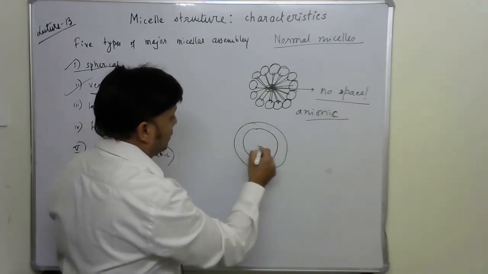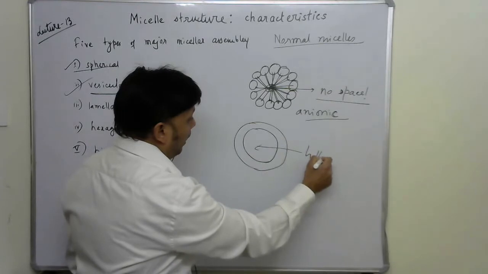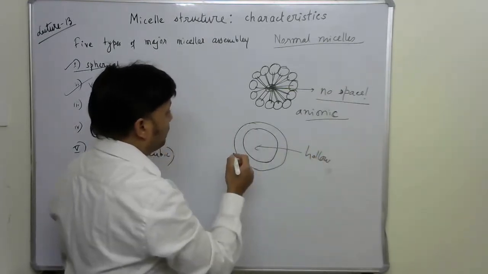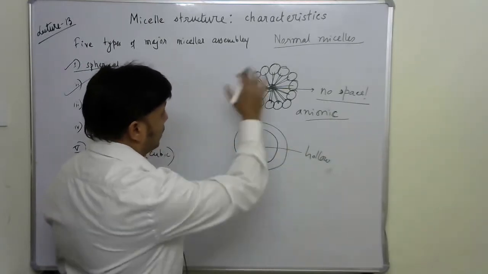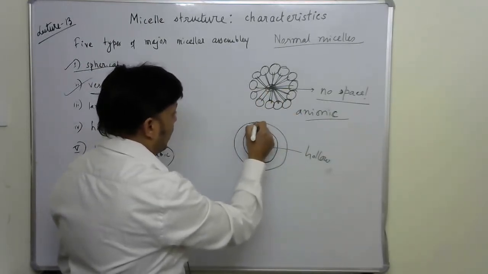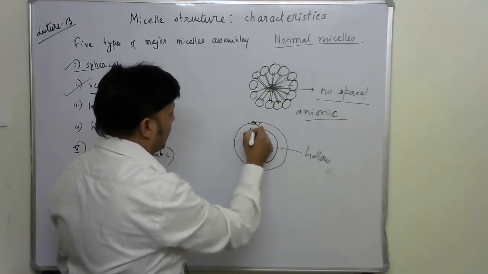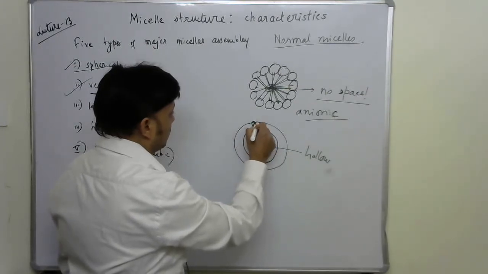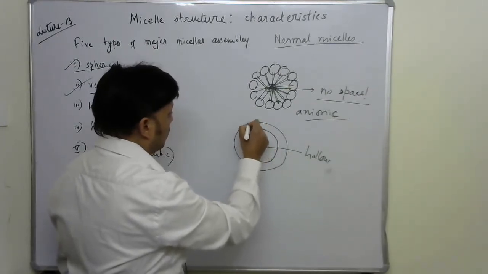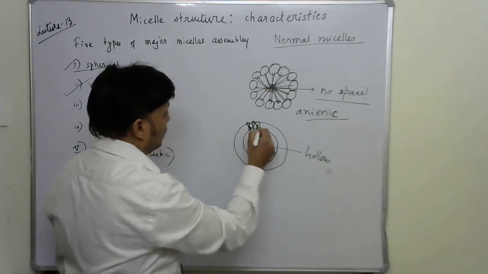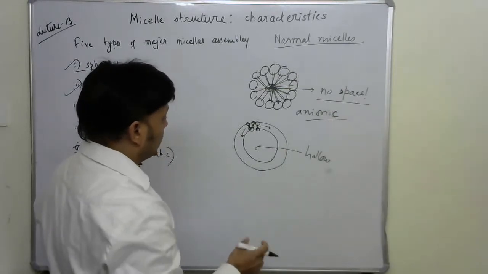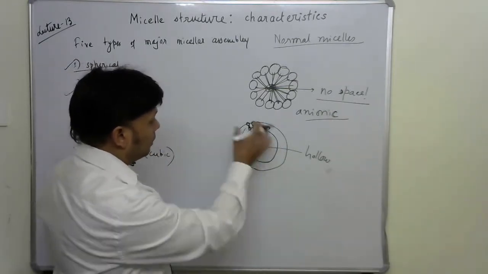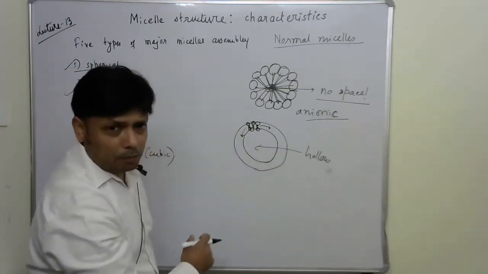Inside this is hollow, and outside, assuming the medium is water, then normal micelles. So we have the polar head groups like this, and the non-polar chains facing each other. This structure would continue on both sides, and therefore it would form a hollow vesicular micelle.